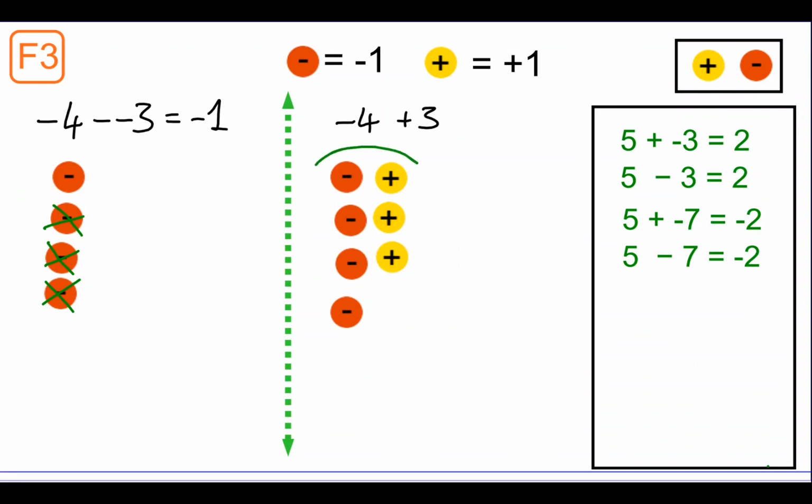But each of these groups is a 0 pair, so it can be crossed out. So we've seen that negative 4 take away negative 3 gave the same answer as negative 4 plus 3.